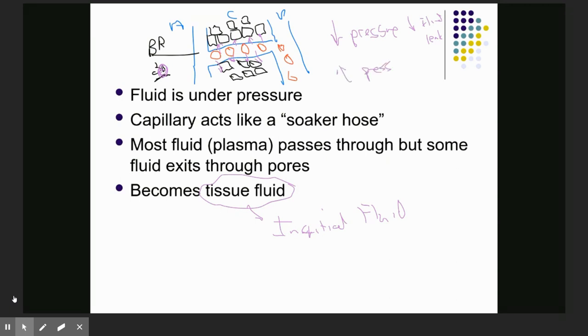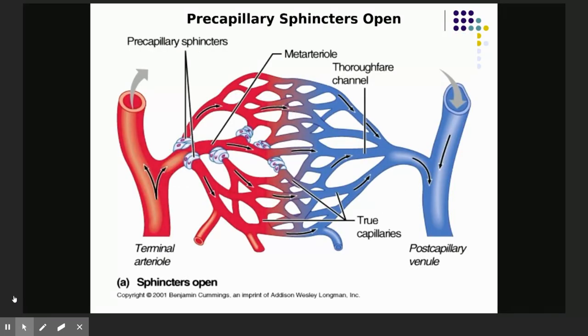Just like our soaker hose. So when we look at it, here are those capillaries. Here are the cells. The cells are here and here and here. And so as the blood goes through there, fluid is going to leak out.